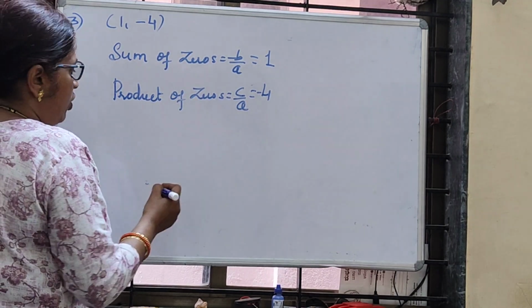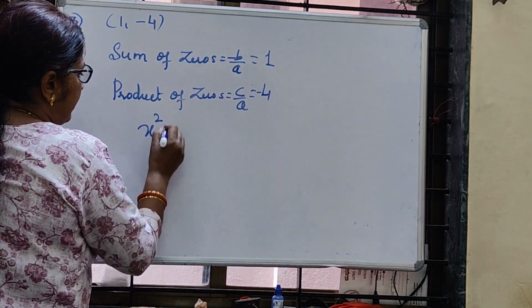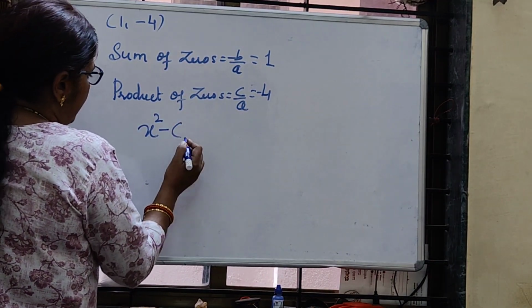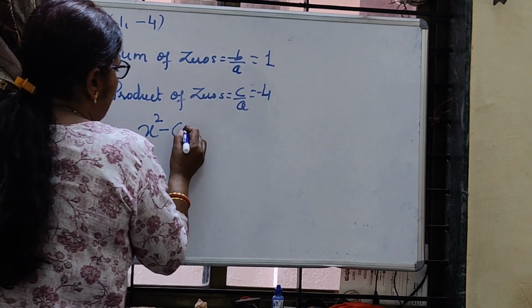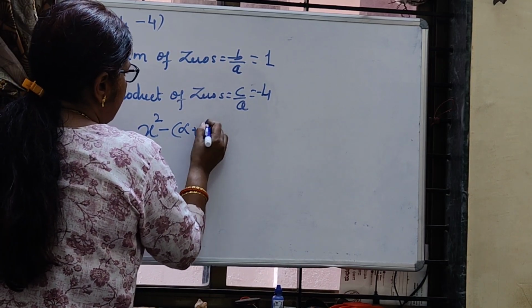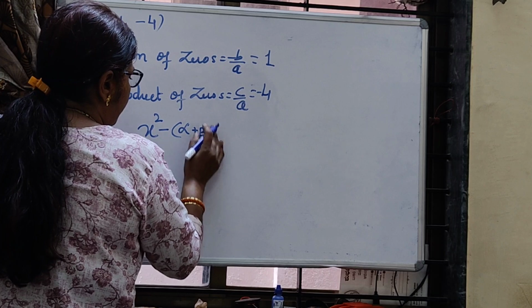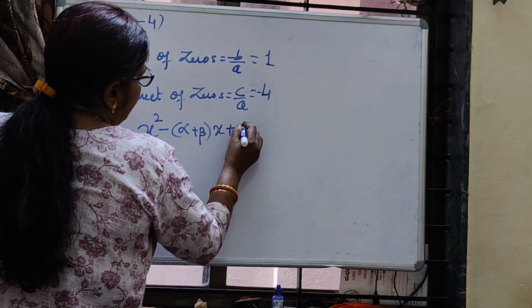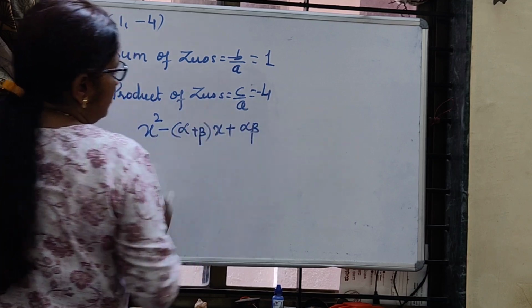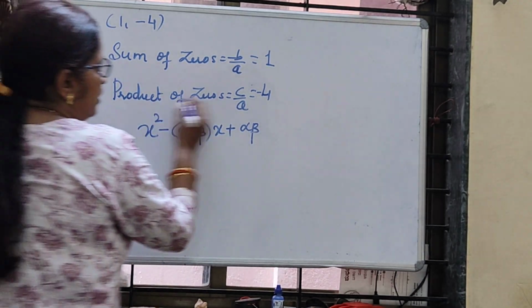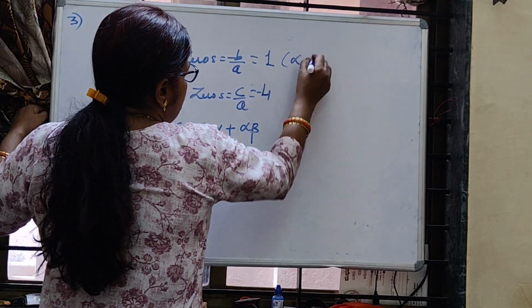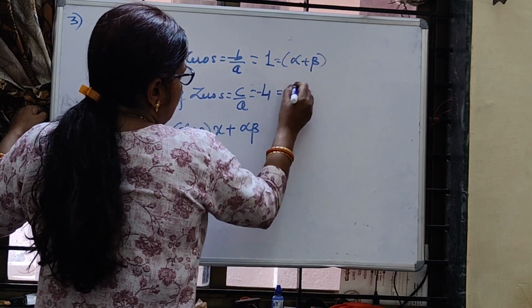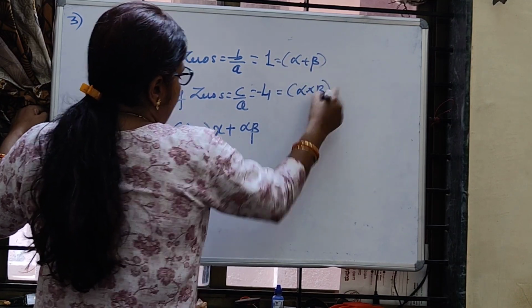To frame a polynomial, we have the formula: x square minus alpha plus beta, that is the sum of zeros, into x plus the product of zeros, alpha into beta. So we call this alpha plus beta, and this is equal to alpha into beta.